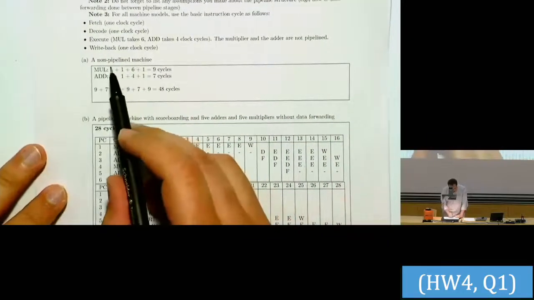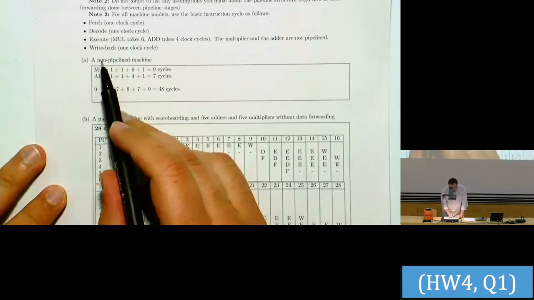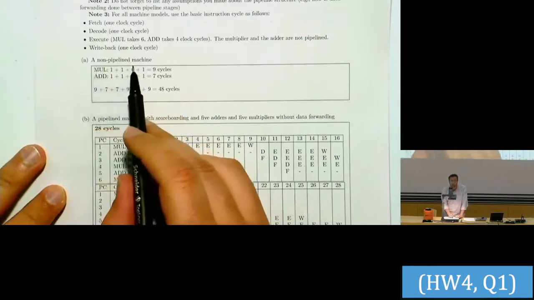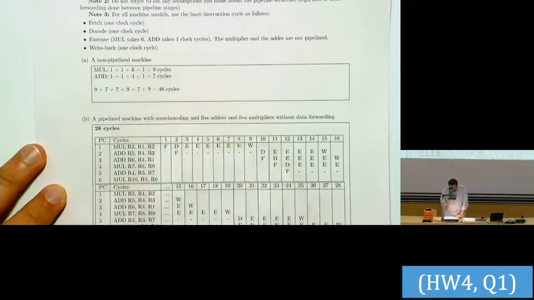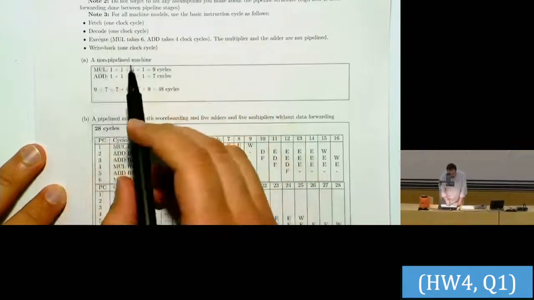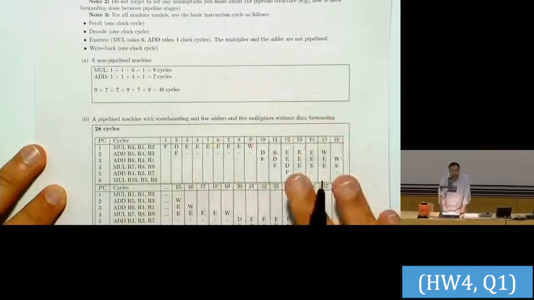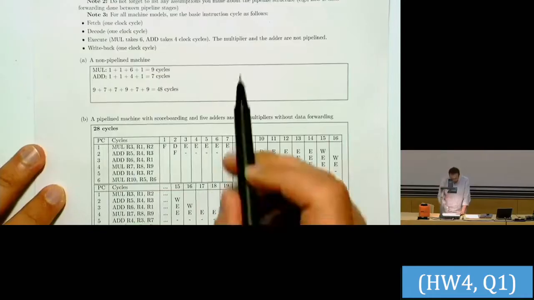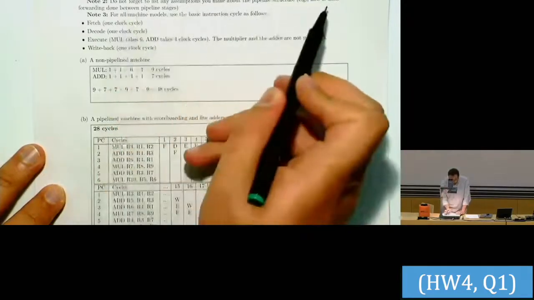The first question asks, how many cycles does it take if we have a non-pipelined machine? First of all, if you don't see very clear explanations in the exam, you can put your assumptions as it's stated in note 2.